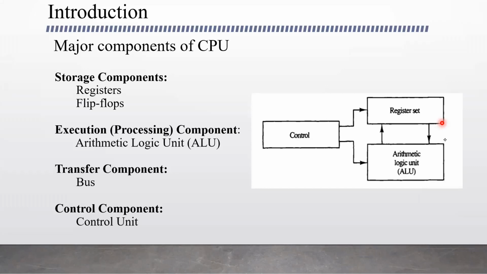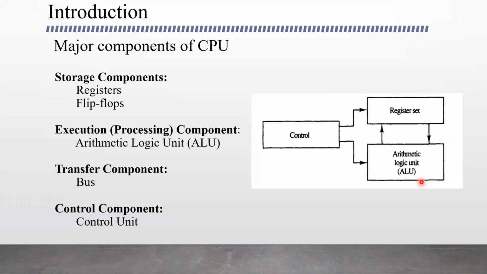So to make it convenient to store the data, we use registers in the processor. If we have registers in the processor itself, it is more convenient to immediately access the data from the registers. That's the reason we have registers in the central processing unit.